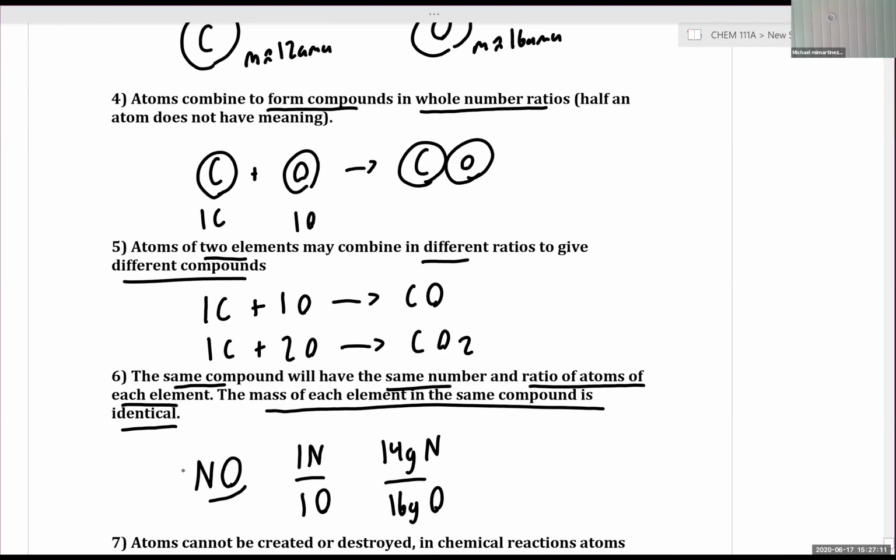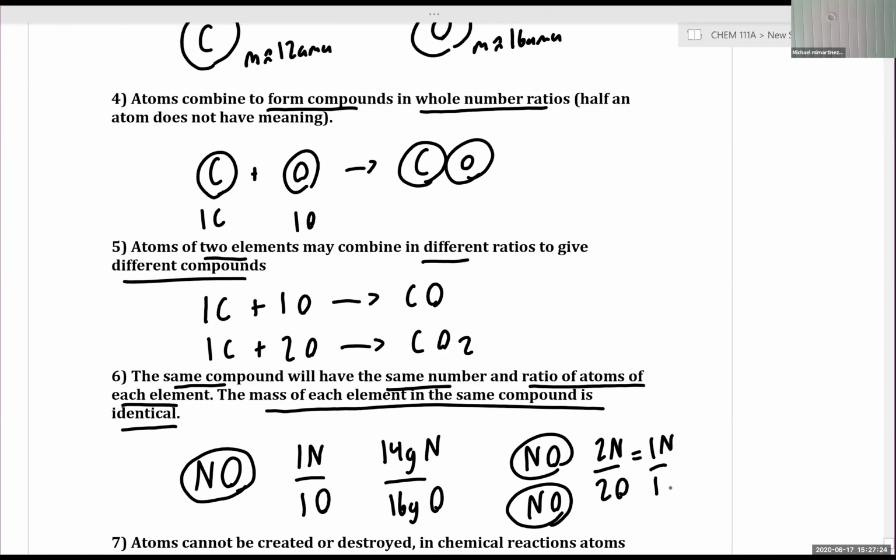Regardless of whether you're looking at 1 molecule or, for example, 2 molecules, the ratio is still the same. 2 nitrogen to 2 oxygen is equivalent to 1 nitrogen over 1 oxygen. So the ratio of masses of each element and the ratio of atoms of each element is fixed for the same compound.